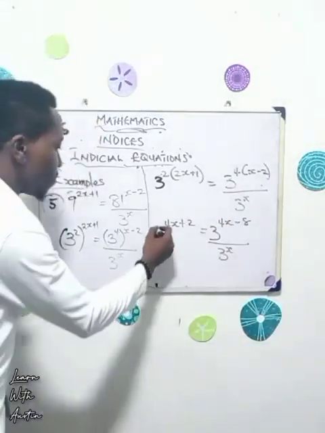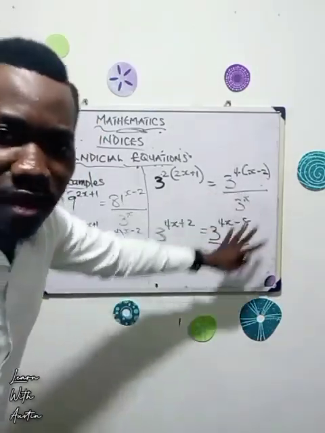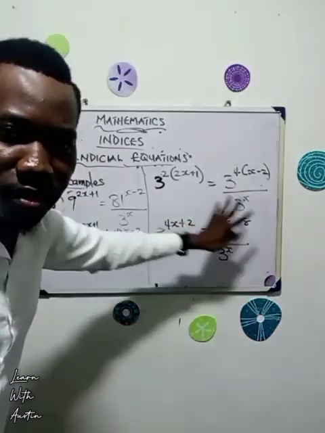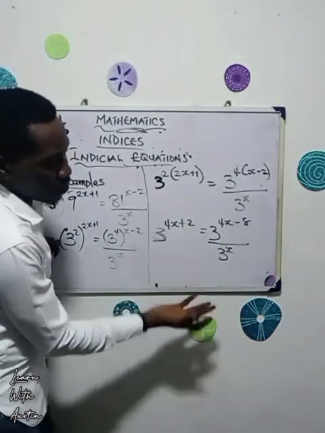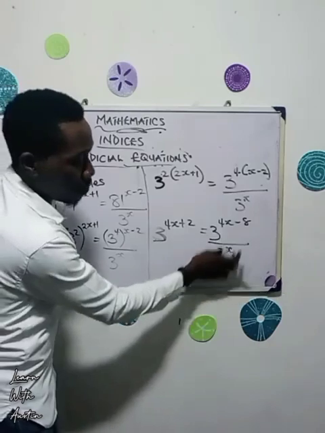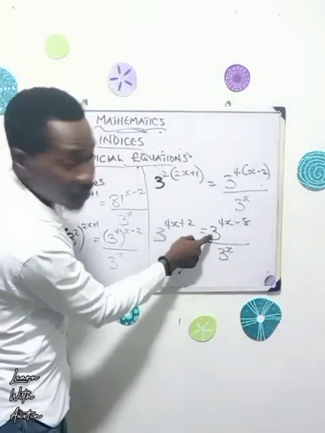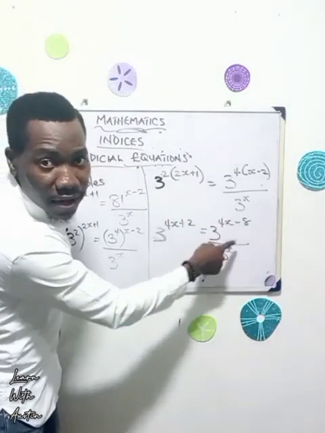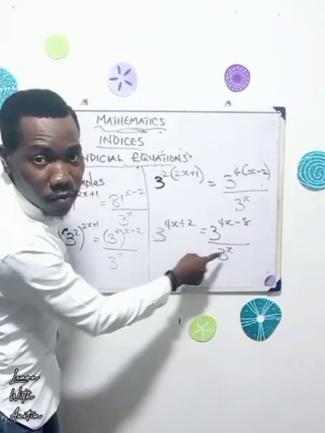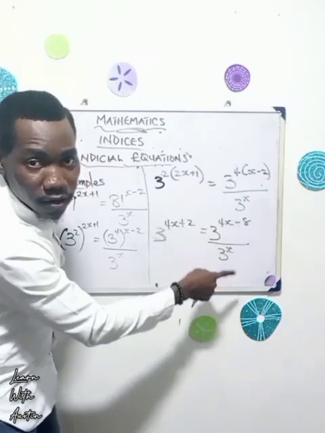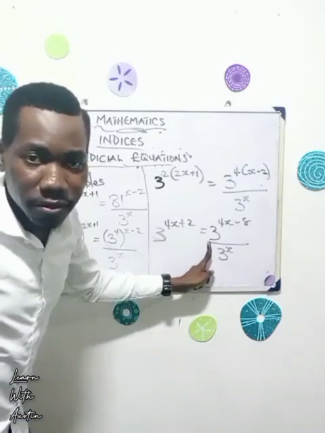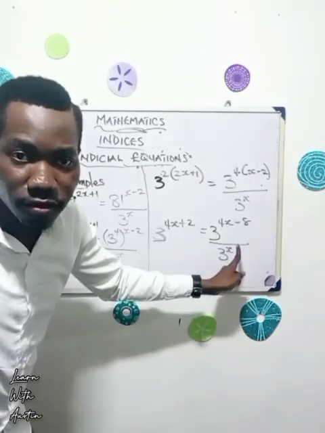So this is 3. Do we understand to this level? Yes, good. Okay, great. So what's the next thing we are going to do? We are going to apply that principle that says that x raised to the power of a divided by x raised to the power of b will be equal to x raised to the power of a minus b. So we are going to have 3 now raised to the power of this minus this, right?